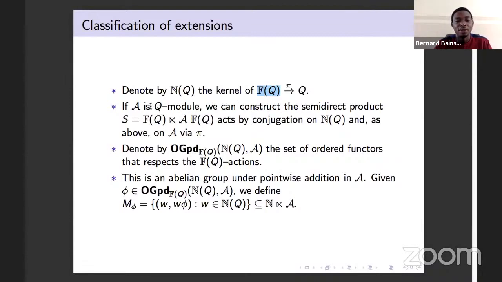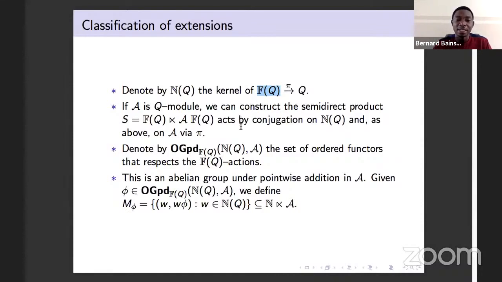So if you have a Q module A, that is also going to be an FQ module, because FQ can act on it via pi. So we can form the semi-direct products, and then the kernel NQ is also going to act on A by conjugation, again via pi.